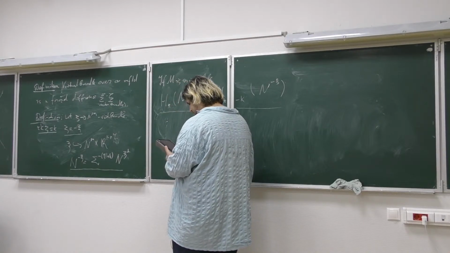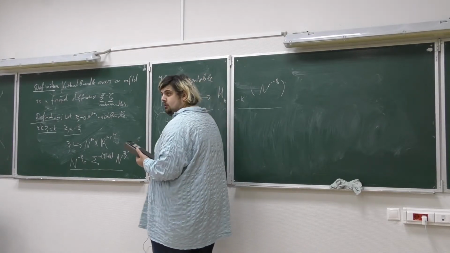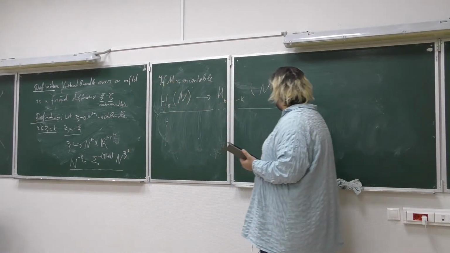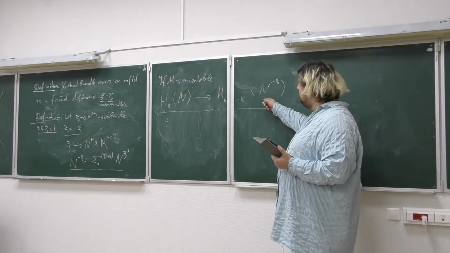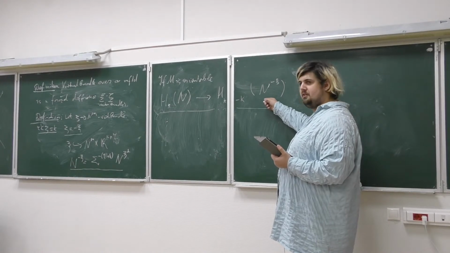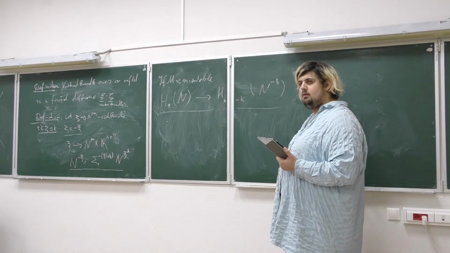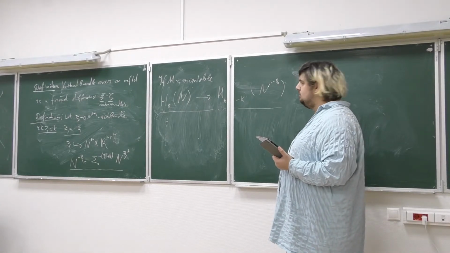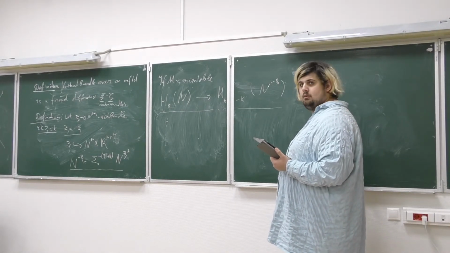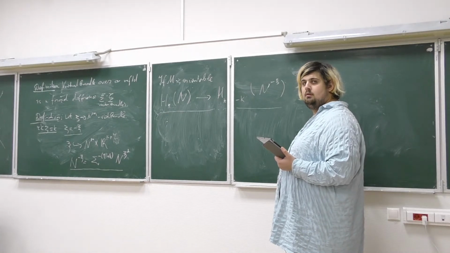Okay, does everyone understand where this thing comes from? Well, once again, I have not proven it. Does everyone understand where the arrow comes from? We suspend, and after everything is done, we desuspend.